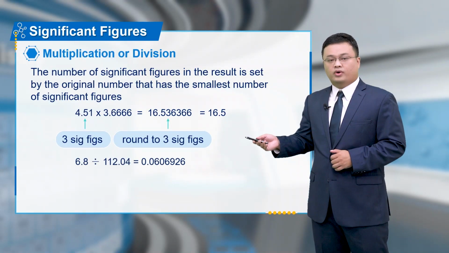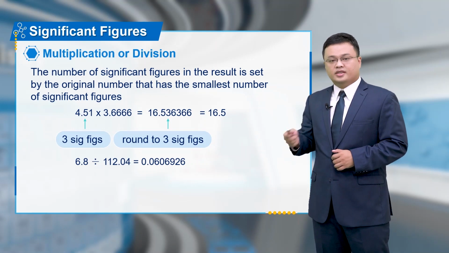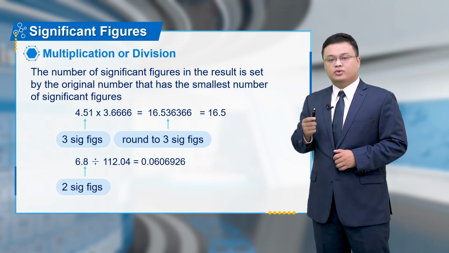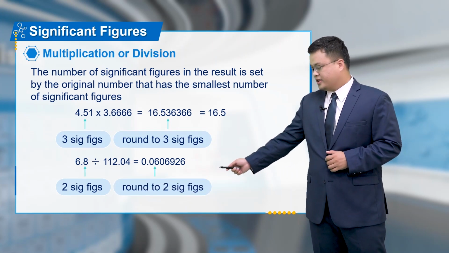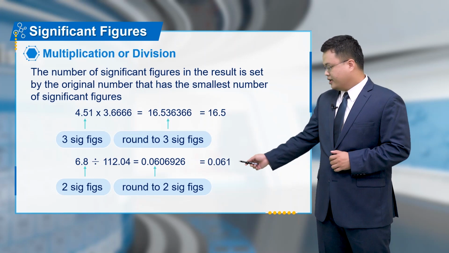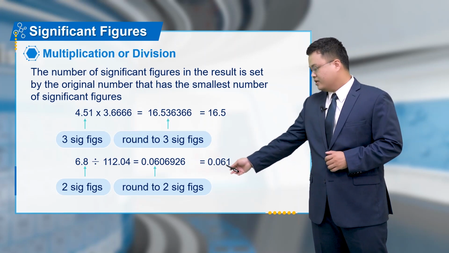For 6.8 over 112.04, since 6.8 has two significant figures, the answer should be rounded off to two significant figures. Then it is 0.061.